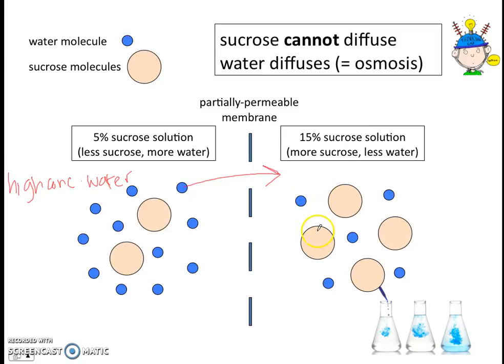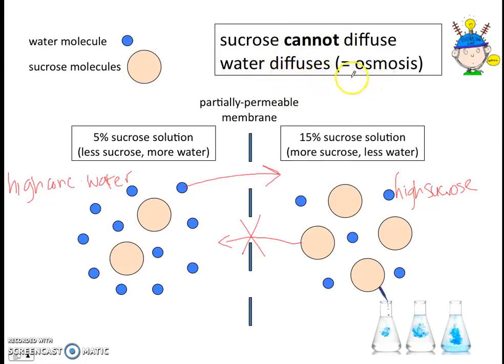And hopefully you also realized that sucrose molecules ought to move from the right side over to the left side because there's a lot higher sucrose concentration on this side. However, hopefully you realized that the sucrose molecules are not able to pass through the partially permeable membrane. They are far too big. So sucrose cannot diffuse, but water diffuses.